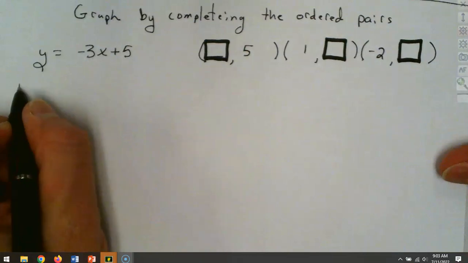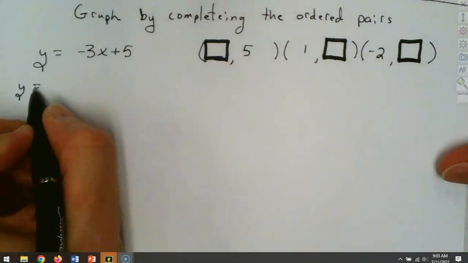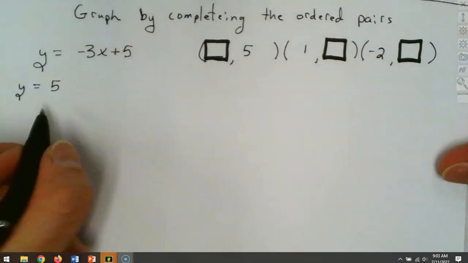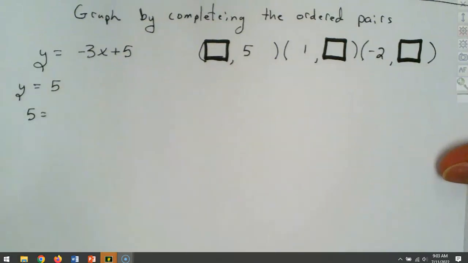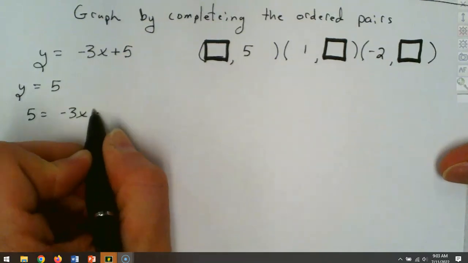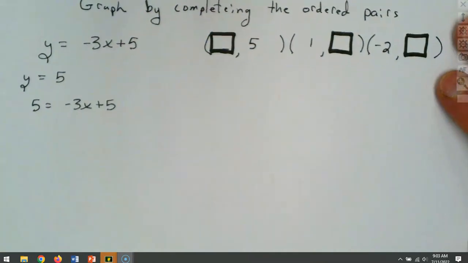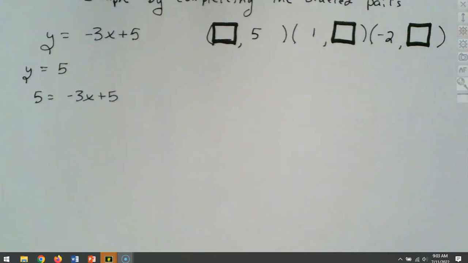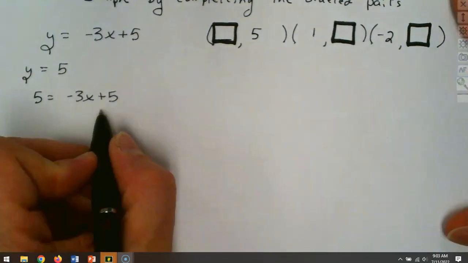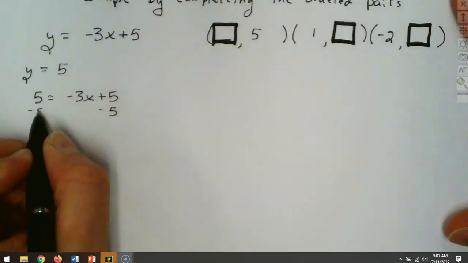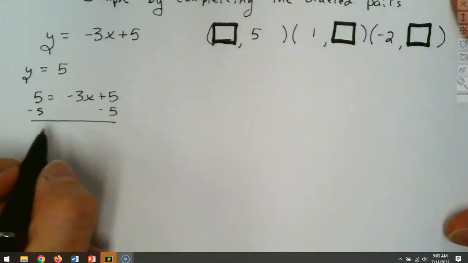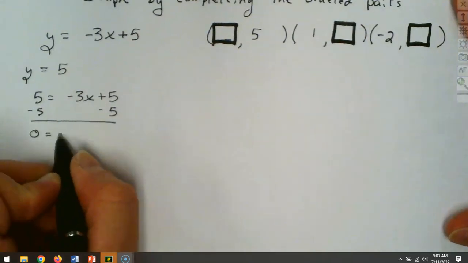So we'll start with our first one, and we're going to plug in y equals 5. If I plug in y equals 5, we need to then solve it for x. Well, if I move that 5 over, that gives me now 0 equals -3x.